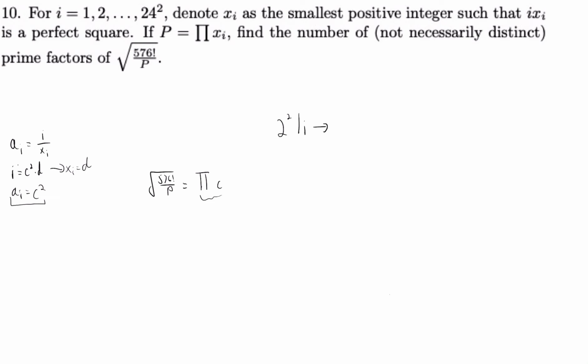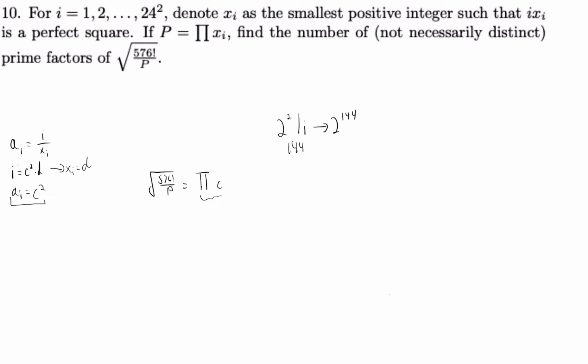Well, there are 144 values of i that are multiples of 4, namely 4, 8, up to 24 squared. So this contributes 2 to the 144 to the final product, because 2 is a factor of c for all of those multiples of 4.